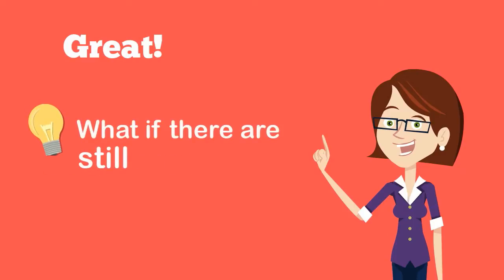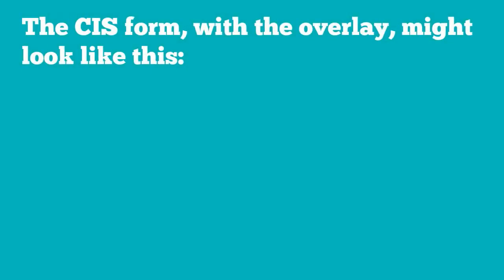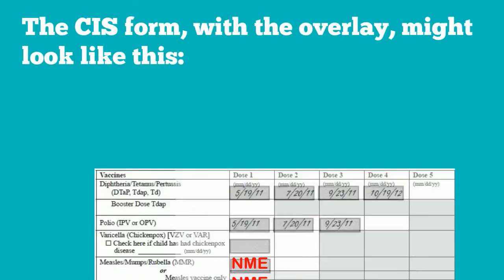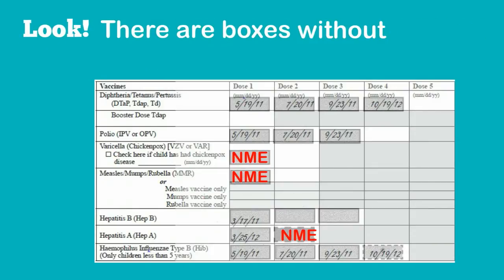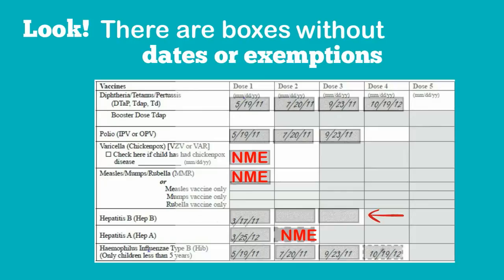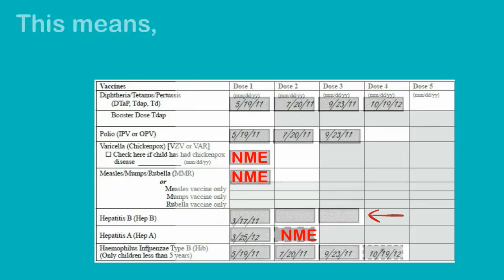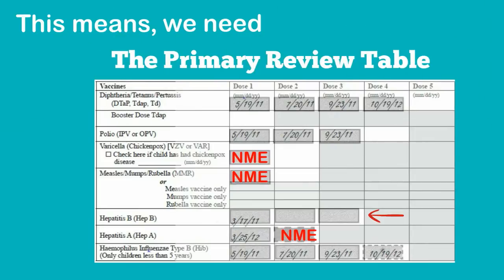But what if there are still empty boxes? This looks like a job for the primary review table.